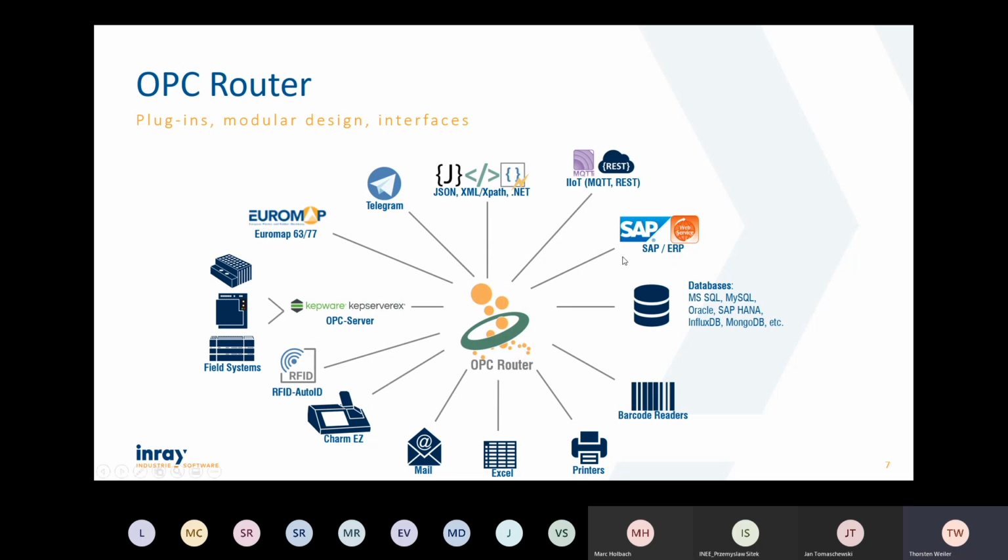It sends information to the ERP system and reads the production information for the next production order. So that information goes down to the shop floor, to the PLC.